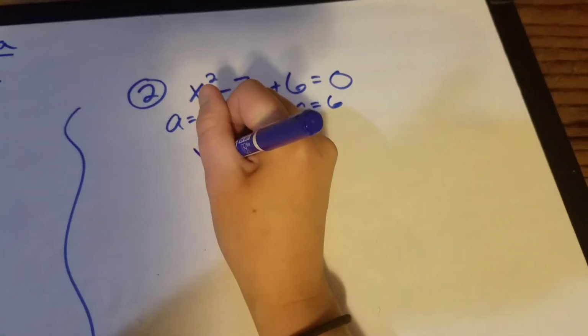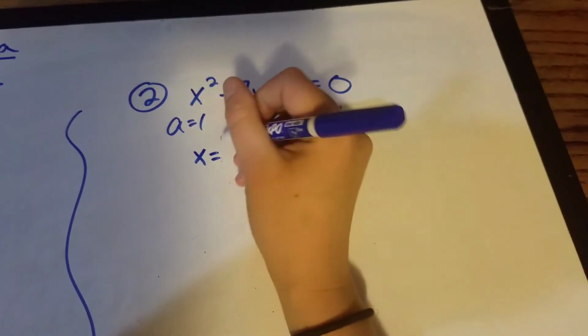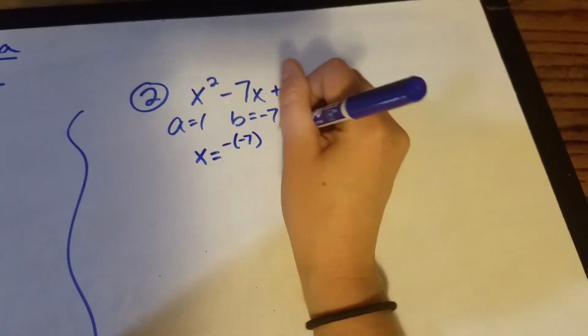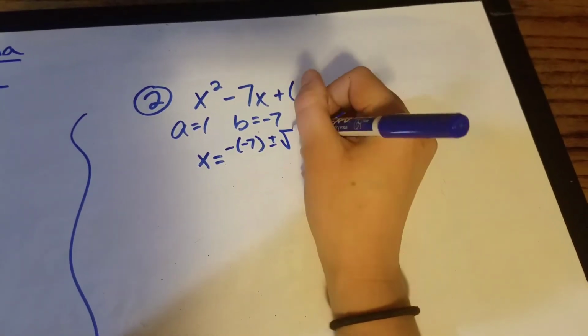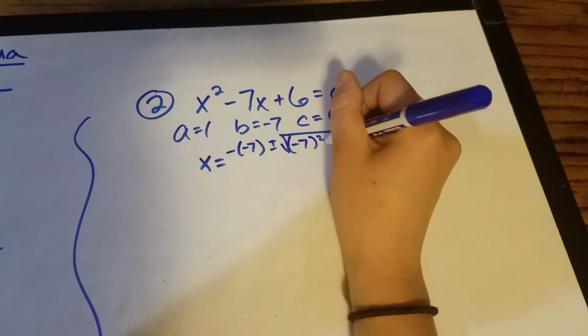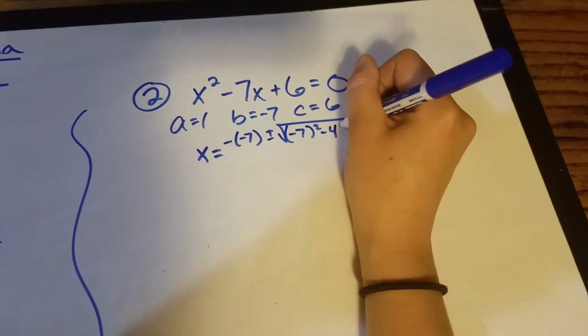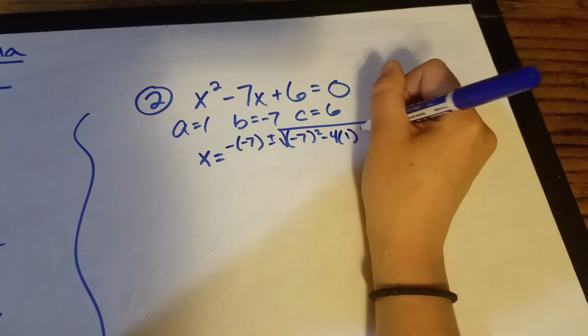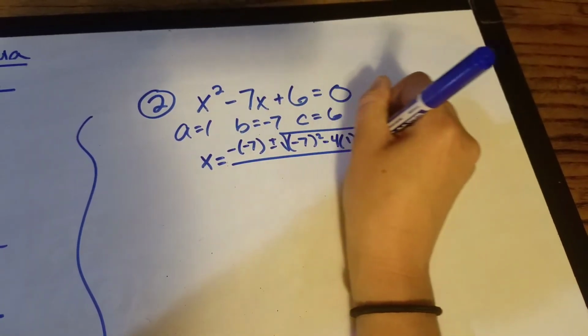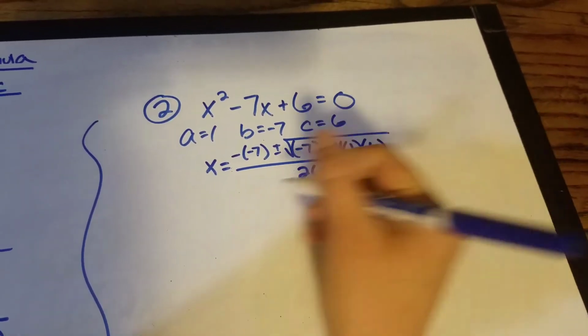Okay, then we're going to plug into our formula, so x equals negative 7 plus or minus the square root of negative 7 squared minus 4 times our a value of 1 times c, all over 2 times 1.